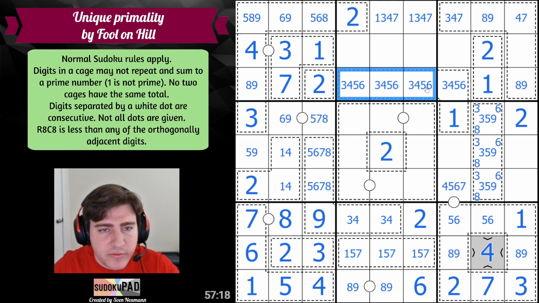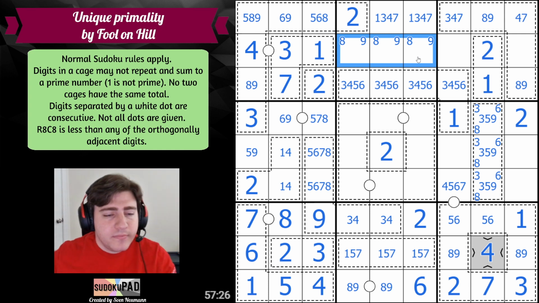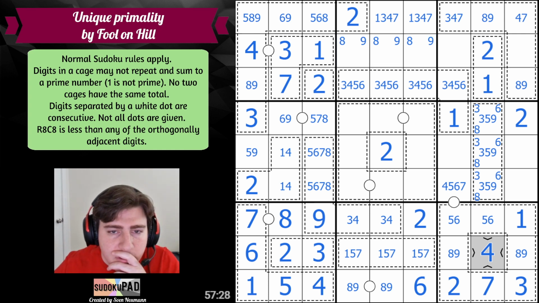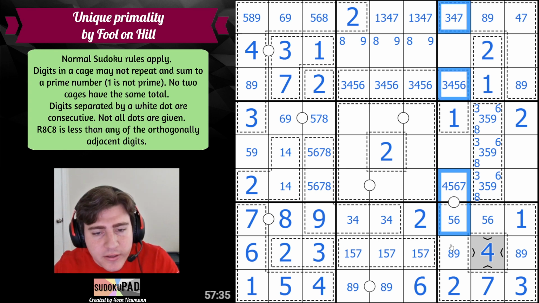7. I guess that means 8 and 9 appear somewhere here. It's just on the tip of my tongue here. 8, 9. This can't be 8, 9, which means this must be the other 8, 9.